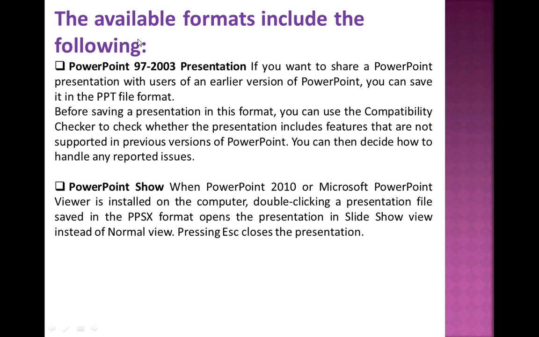Now let's talk about the various formats that are included in PowerPoint. First one is PowerPoint 97-2003 presentation. This is the most important one. Personally, if I am saving something in a presentation, I use the PowerPoint 97-2003 presentation, because the main advantage is that whenever I open this presentation or PPT in any format, it will open in the simplest way.